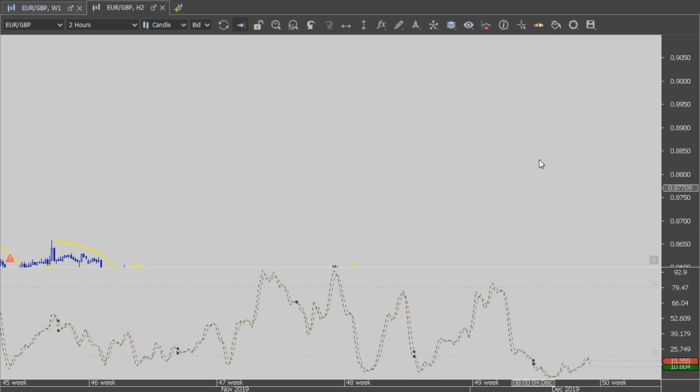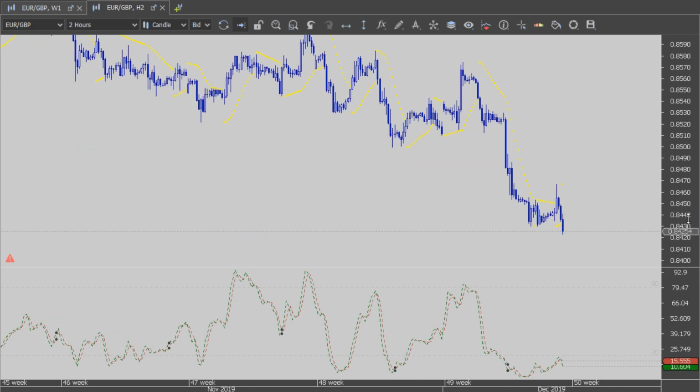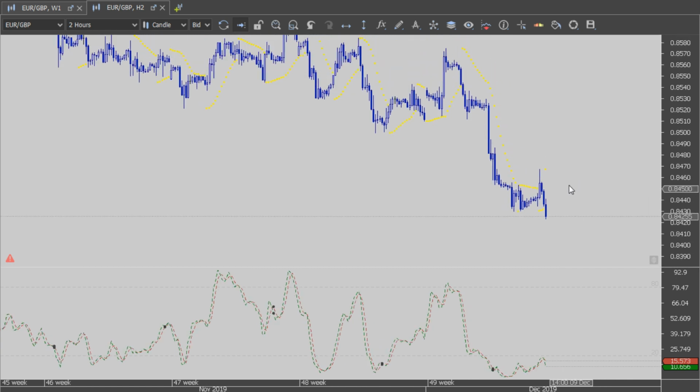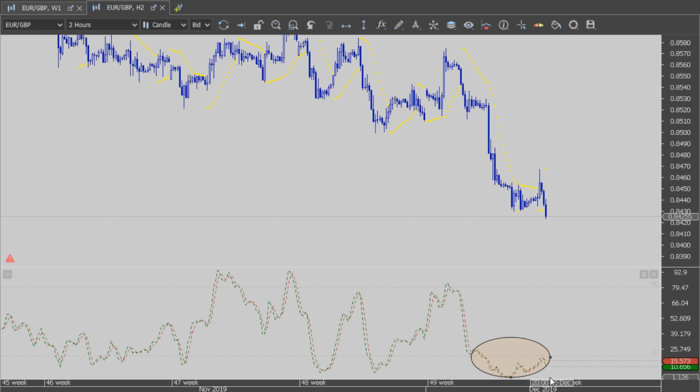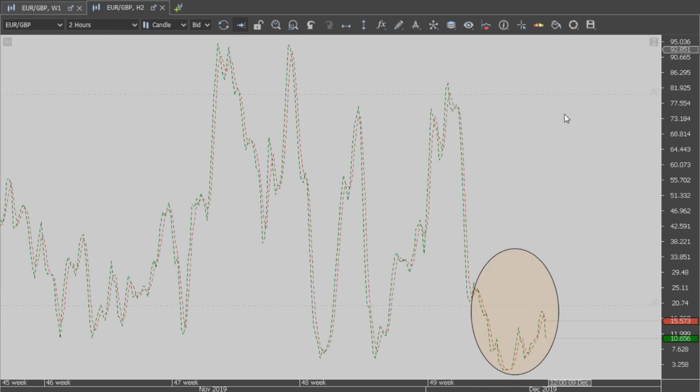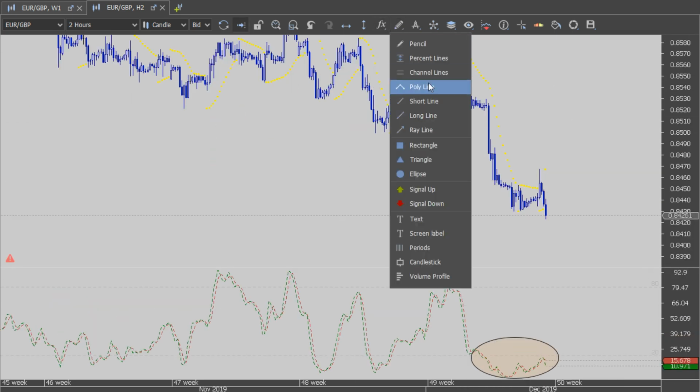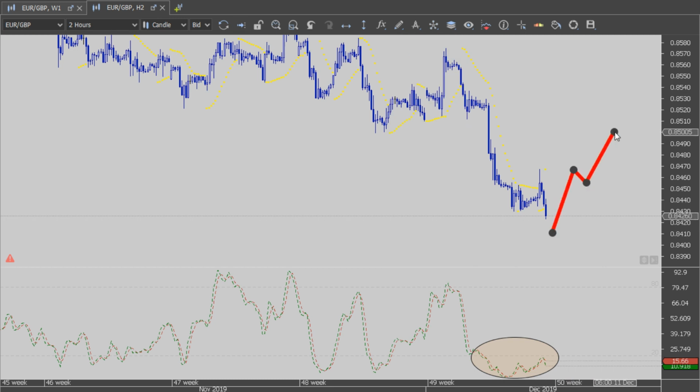Okay, so this is the 2-hour chart in here, and let's see. So as you can see, everybody, it's not okay, because here I'm in the oversold zone. The market should go up, right? But the market is falling, so I have a losing trade.